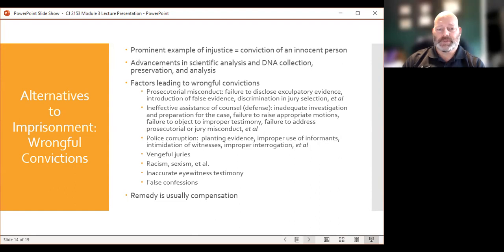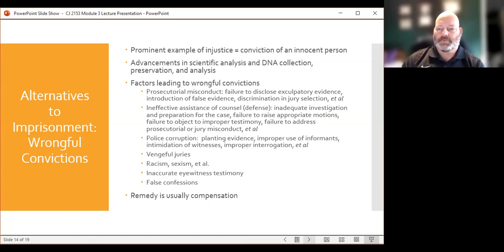They may fail to address prosecutorial or jury misconduct itself. A third factor leading to wrongful convictions is police corruption. Police may plant evidence, improperly use information from informants, attempt to intimidate witnesses, and of course, use improper interrogation methods. You may have a jury that's vengeful.